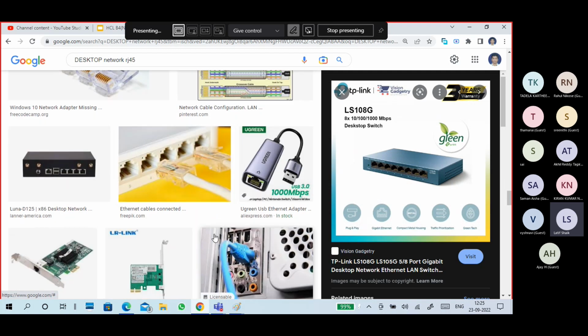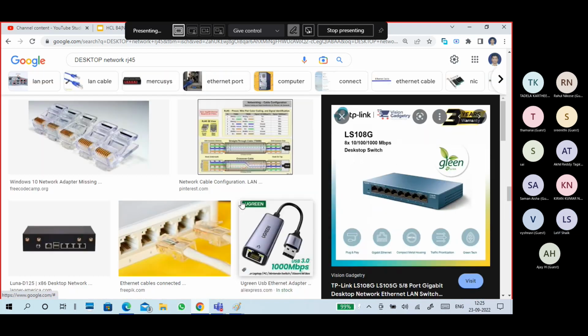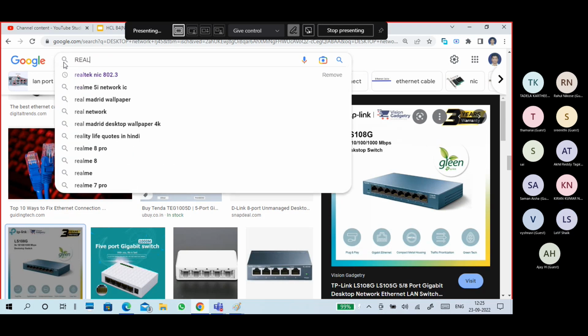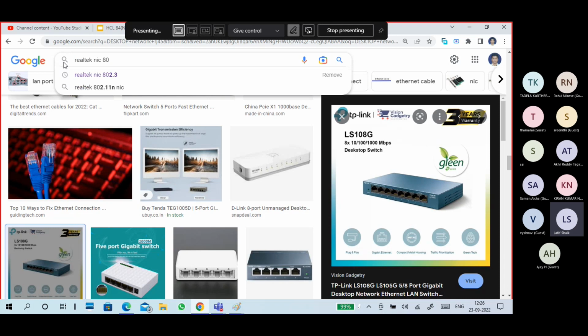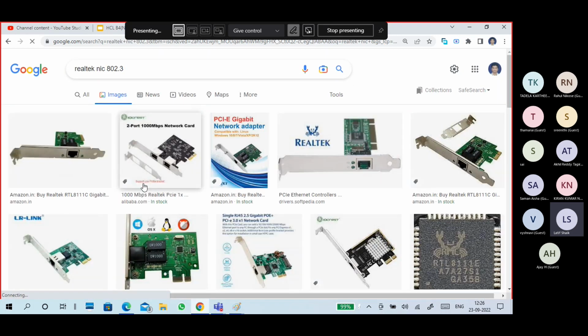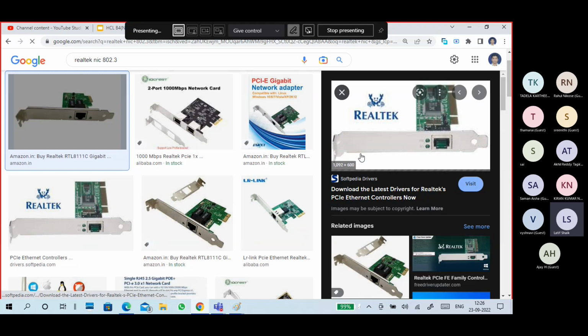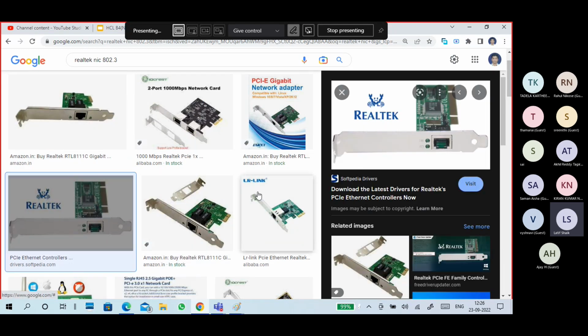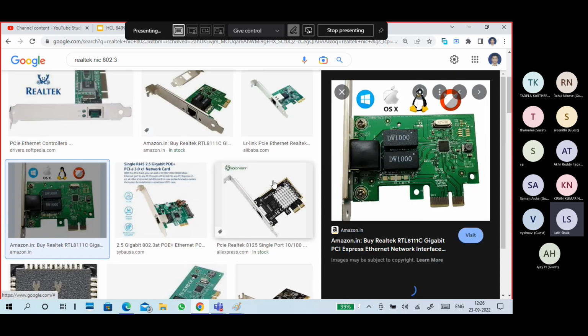Different companies are there. Realtek, this is a Realtek symbol. Realtek mainly manufactures NICs and audio chips.